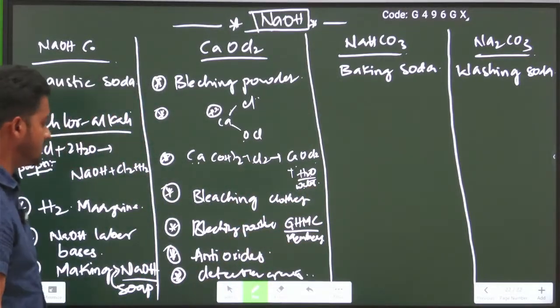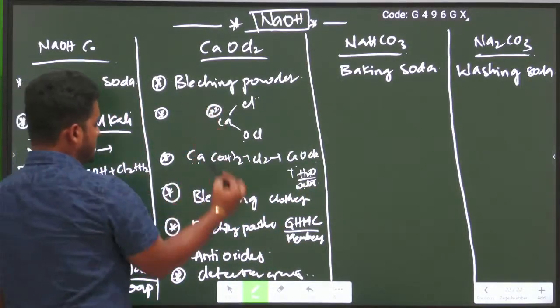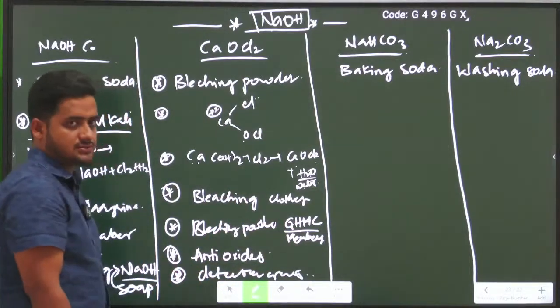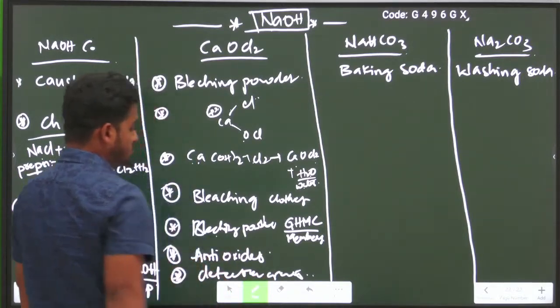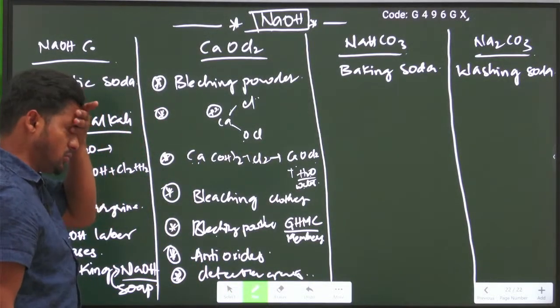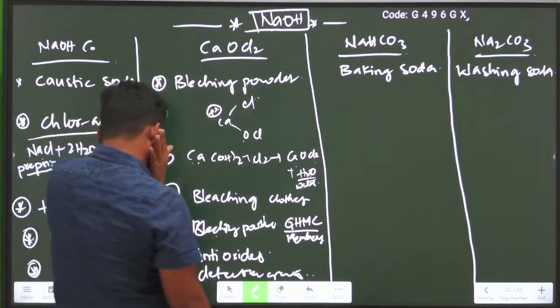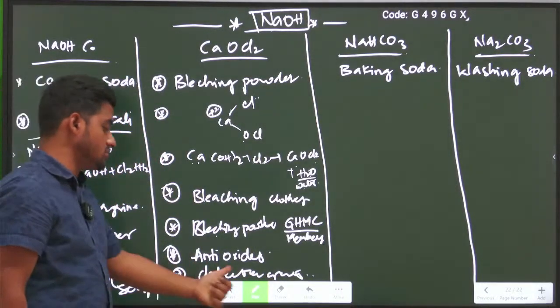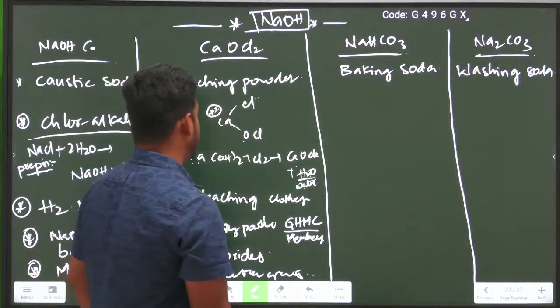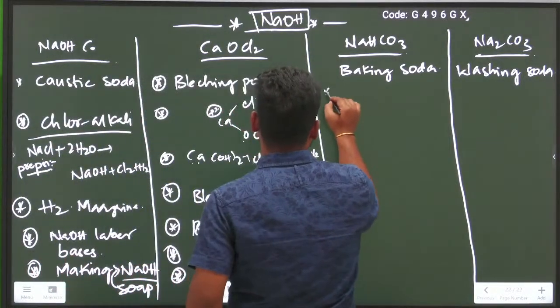That's it. The reaction is simple. And this bleaching powder is used for clothes. Okay, bleaching powder is used in cloth industries and all textile industries. Bleaching powder is also used by GHMC workers, acting as an antioxidant, and it is used as a detergent agent. Okay.